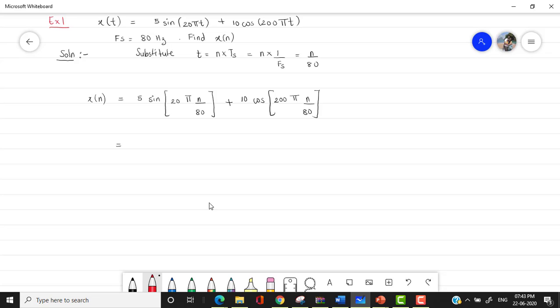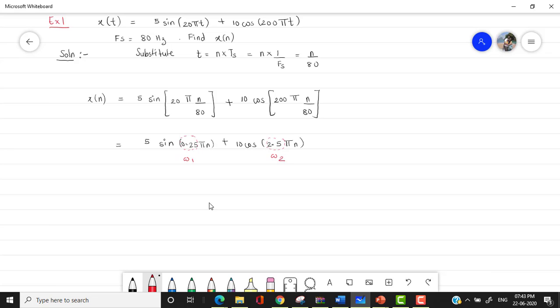Now I have to solve this, that is I just have to find the values of 20 by 80 and 200 by 80. So let's do that. 5 sine of 20 by 80 is 0.25 pi n plus 10 cos of 2.5 pi n. Okay, so this is my equation xn, which I have got from the continuous time signal.